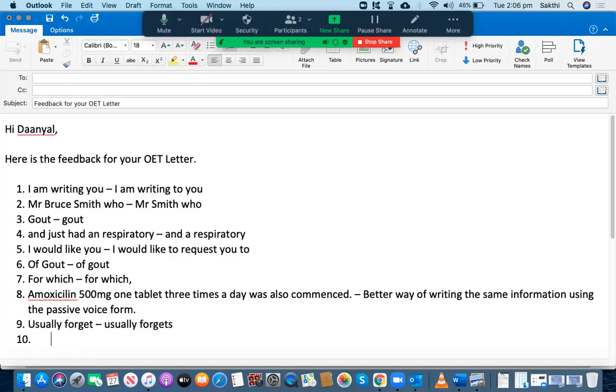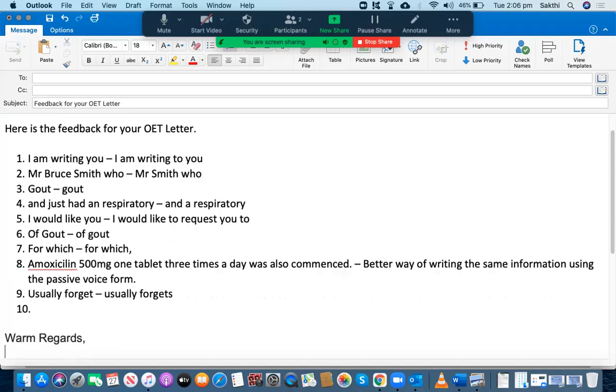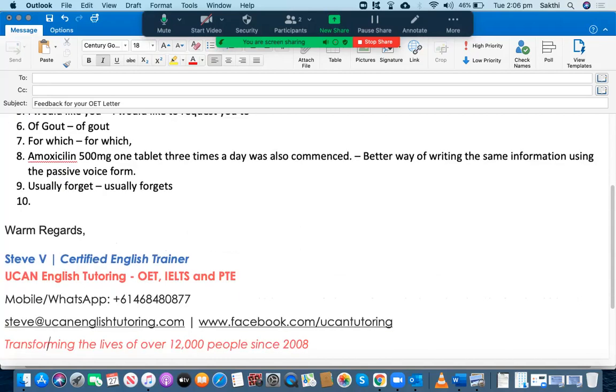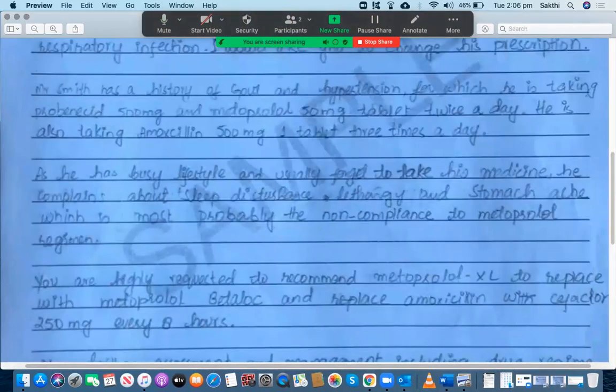Because that is the third person singular. He, she, it always needs verb plus s here. So when you say "as he", you have to use "forgets". So he usually forgets to take his medicine, as he has a busy lifestyle.